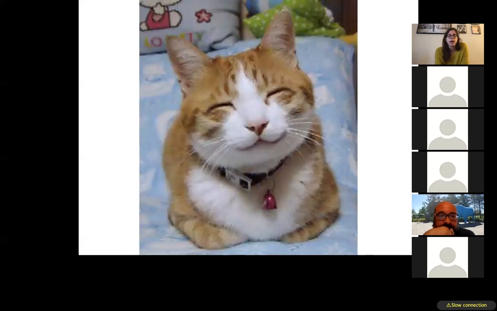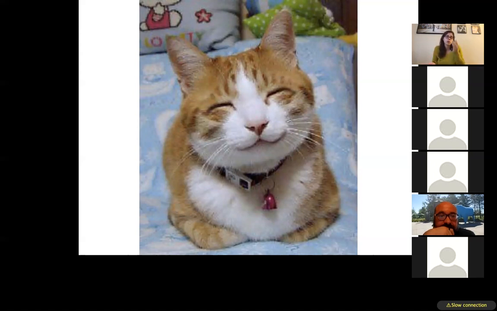Why did I put this picture? I think it's just to say there's a valence of emotions that can either be positive or negative. So you can tell from this picture that this cat is probably feeling positive. And also that there's going to be a range of arousal, whether they're really excited or really calm.